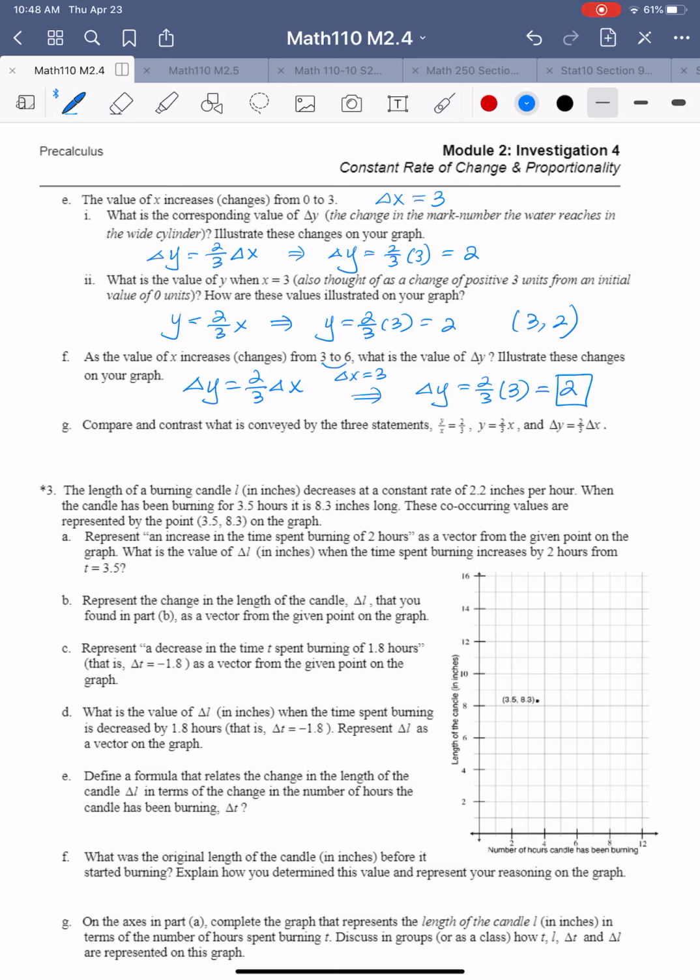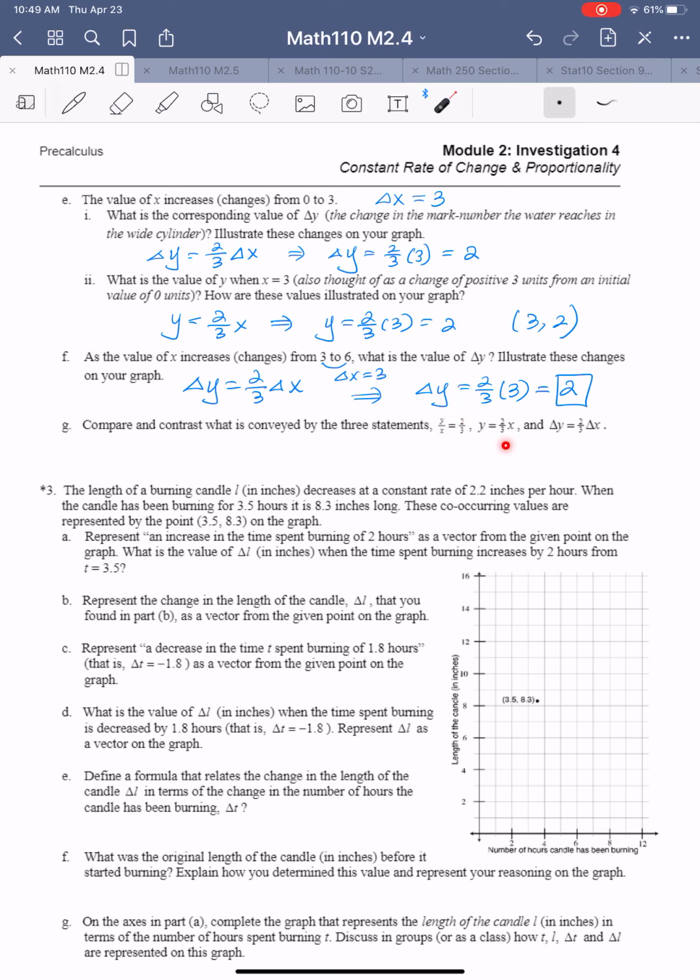So compare and contrast what is conveyed by the three statements: y equals 2/3 x, y equals 2/3 of the x, and delta y equals 2/3 of the delta x. The first one is about the ratio of the Mach numbers for the larger, wider cylinder and the narrow cylinder.